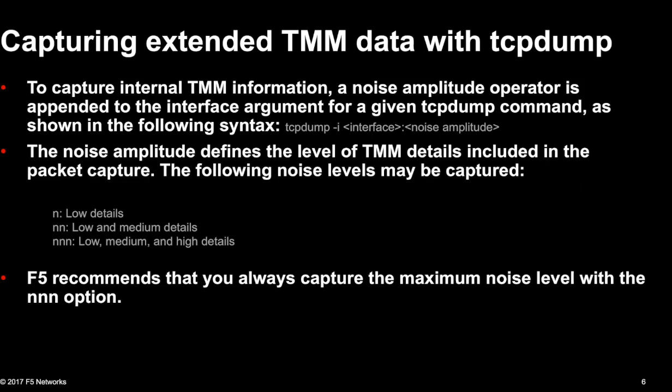The noise level goes between low details and high details. So you can include the n, nn, or nnn to include all the possible details: low, medium, and high. F5 recommends that you always capture the maximum noise level with the nnn option.